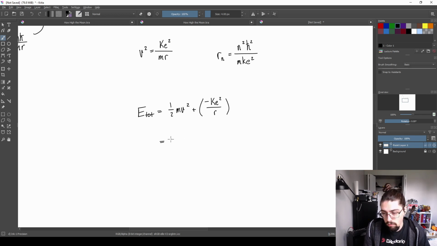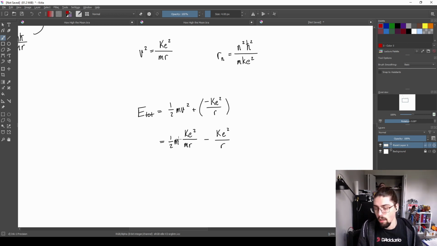So what I get is 1/2 m k e squared divided by mr minus k e squared divided by r. The m's cancel out, and what I'm left with, in red please, is 1/2 k e squared over r minus 1 k e squared over r.